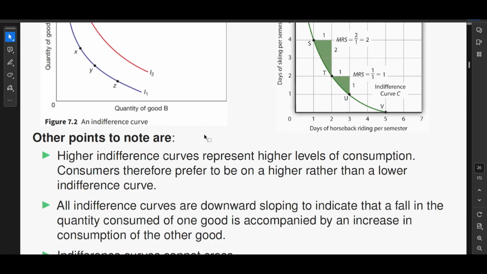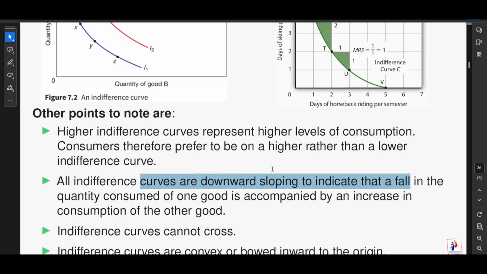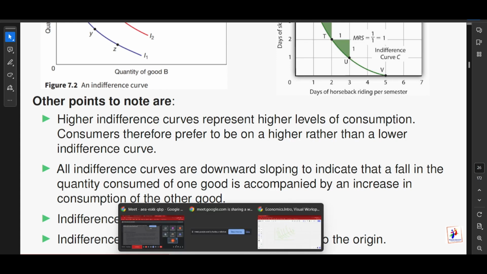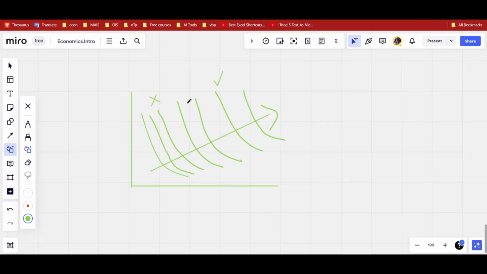Another thing you need to understand: all indifference curves are downward sloping, to indicate that a fall in the quantity consumed of one good is accompanied by an increase in the consumption of another good. Indifference curves cannot cross. As you saw when I was drawing, these curves cannot overlap. They can be close together, but they can never overlap.